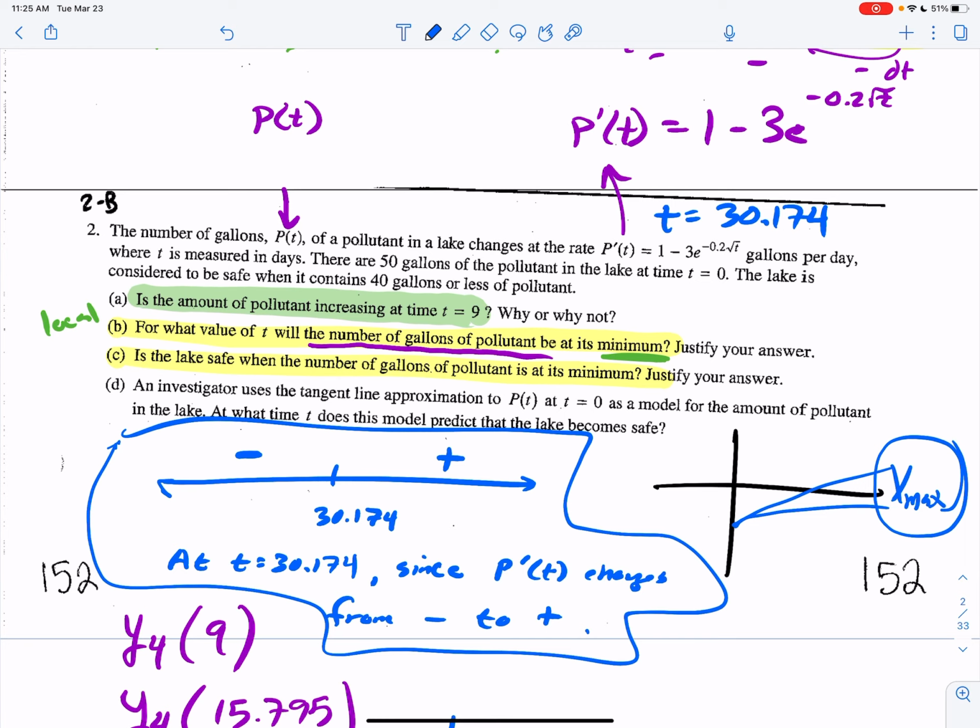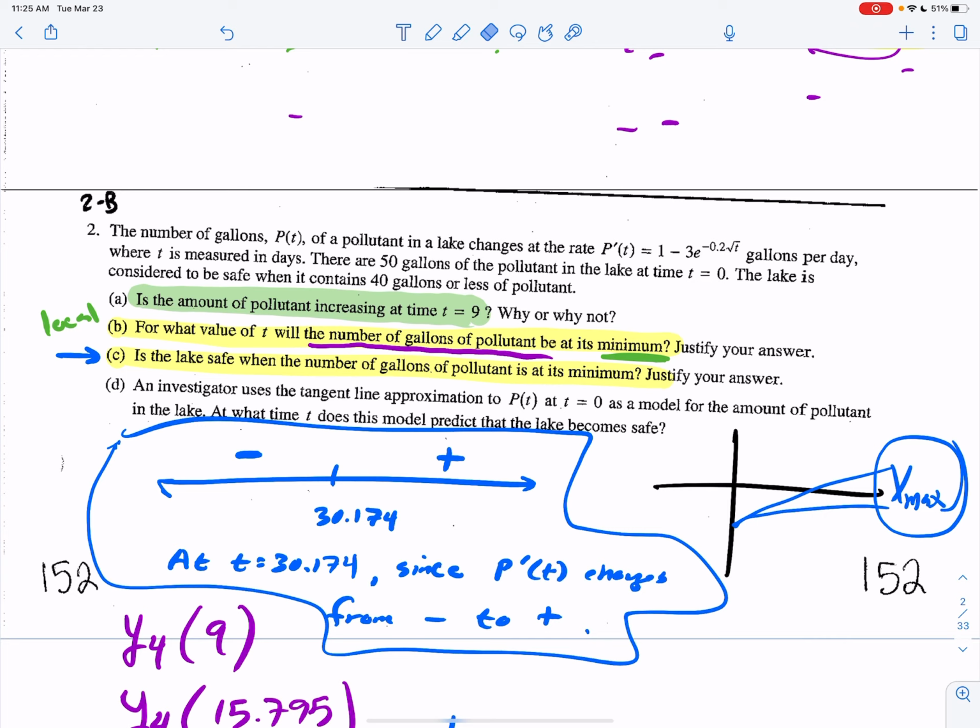I guess we could do part C here since it's attached to it. They're asking, is the lake safe when the number of gallons of pollutant is at its minimum? We know the time when it's at the minimum, so how do we figure out the amount of gallons? P prime of t is the rate, so we're going to have to consider integrating that.